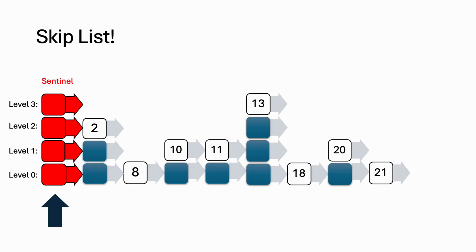A node that appears at level 2 must also appear at levels 1 and 0 below it. Notice the sentinel node on the left. This is the special head node that exists at all levels and marks the beginning of the skip list. The height of each node is determined randomly when we insert it, which we'll discuss more in a moment.